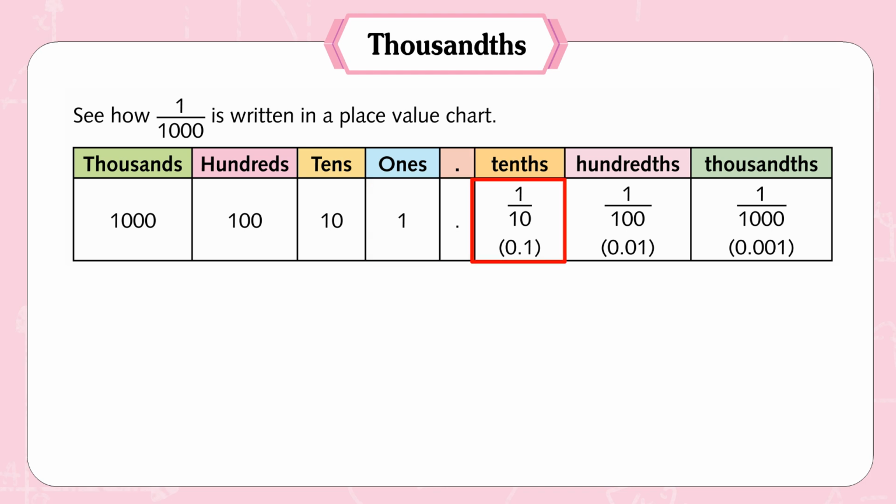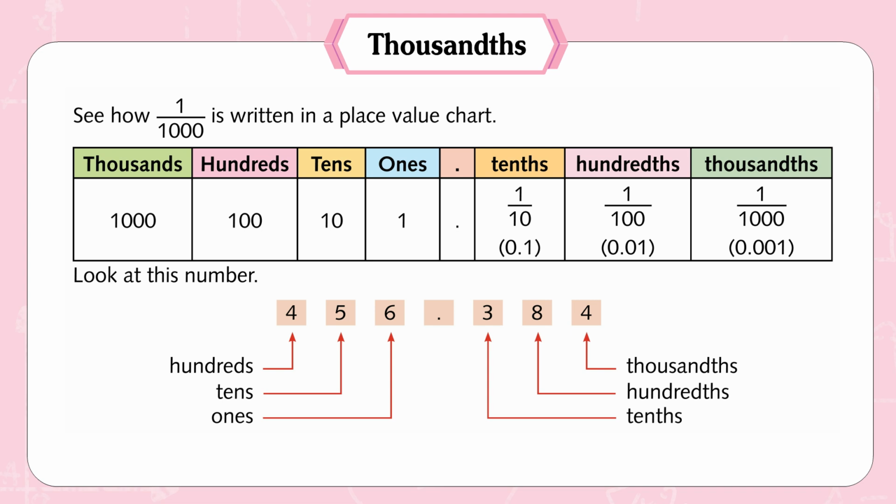Point, tenths 1 by 10, 0.1. Hundredths 1 by 100, 0.01. Thousandths 1 by 1000, 0.001. Look at this number, 456.384. 4 hundreds, 5 tens, 6 ones, 3 tenths, 8 hundredths, 4 thousandths. This number has 3 decimal places.